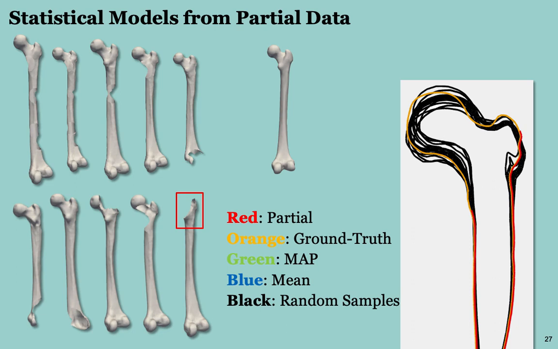What we'll now do is to compare models that are constructed from either the MAP, the mean, or random samples from each of these 10 distributions. On a minor side note here, the statistical models, the point distribution models that we are computing, are computed using principal component analysis on a dataset in correspondence.